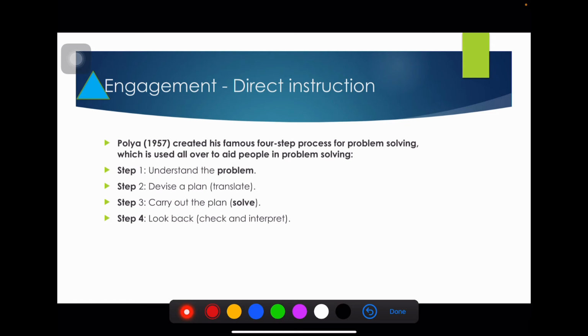Now, Polya, 1957, created his famous four-step process for problem solving, which is used all over to aid people in problem solving. So here are the four steps. Step 1, understand the problem. Step 2, devise a plan. What plan?